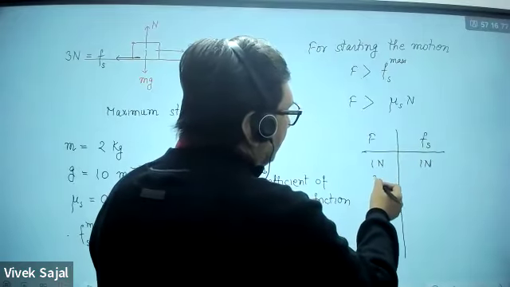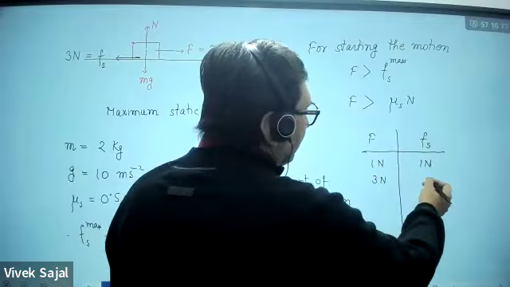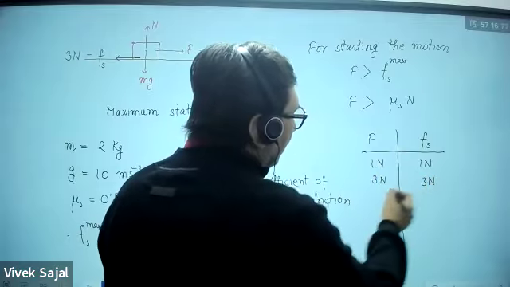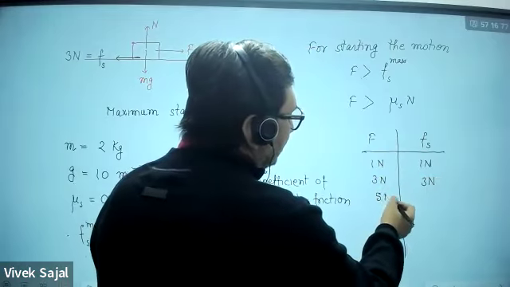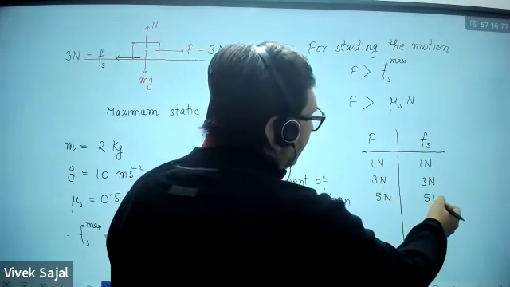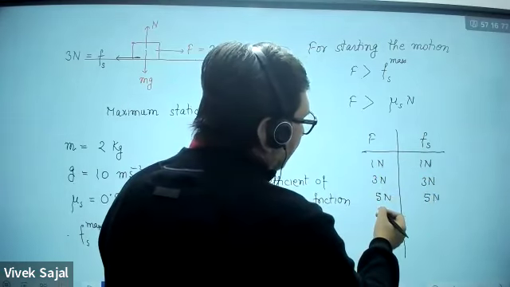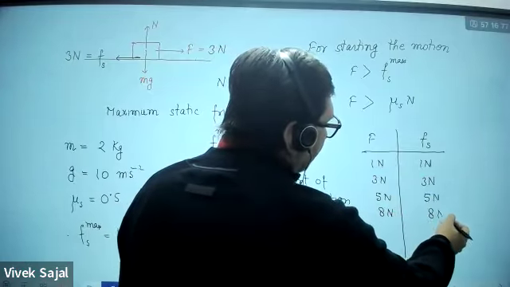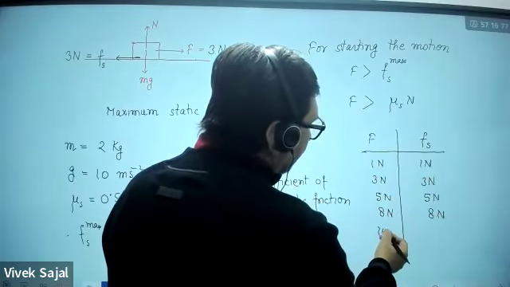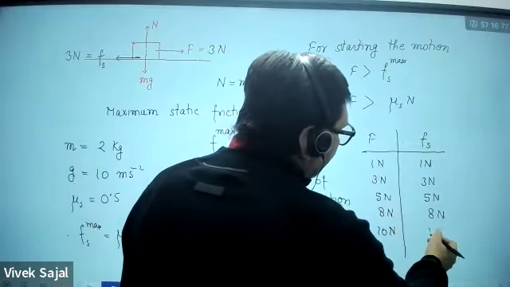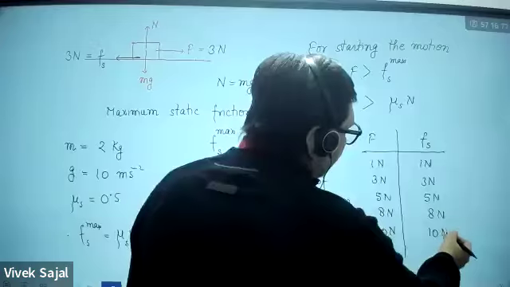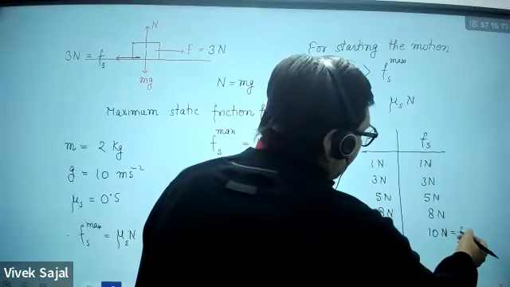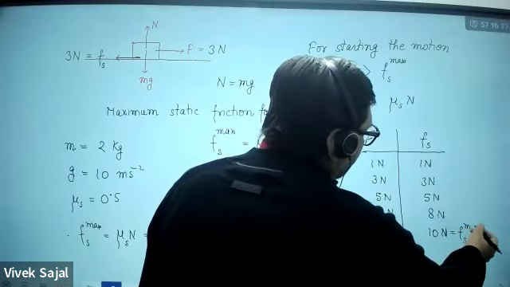If you apply 3 Newton, it will become 3 Newton. If you apply 5 Newton, you will find 5 Newton. If you apply 8 Newton, static friction will be 8 Newton. If you apply 10 Newton, static friction force will become 10 Newton. But this is the value of Fs max.